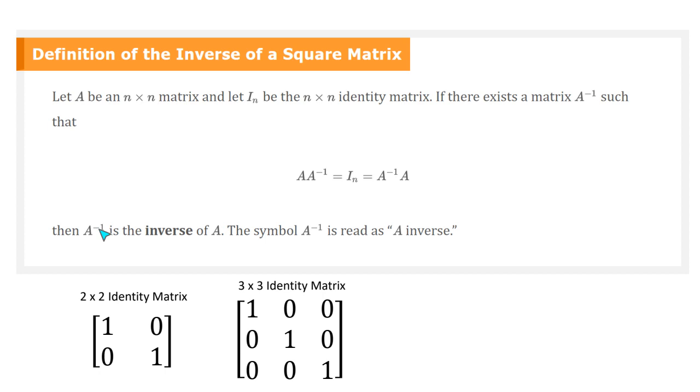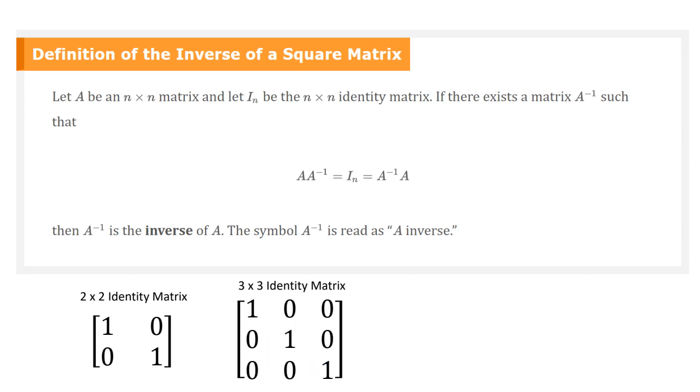The symbol that we use for inverse is the power of -1. And so we say that this is A inverse. A 2 by 2 identity matrix is the matrix that has ones all the way in the diagonal and zeros everywhere else. So a 3 by 3 identity matrix would have ones on the diagonal and zeros everywhere else.